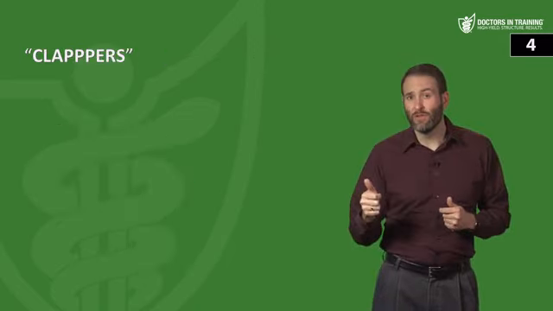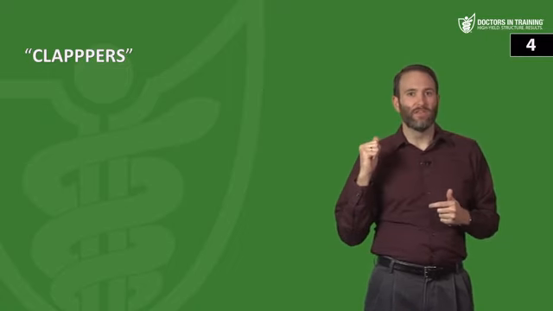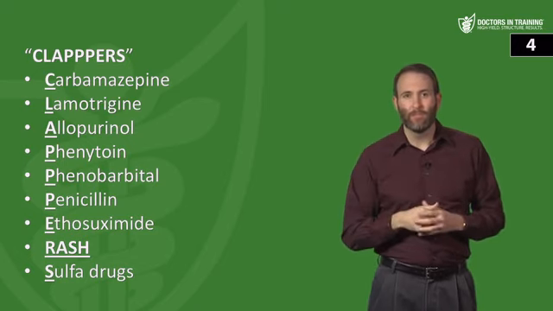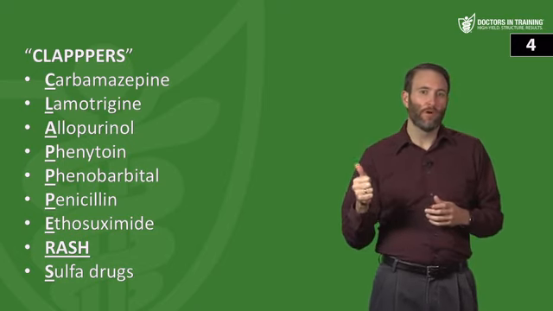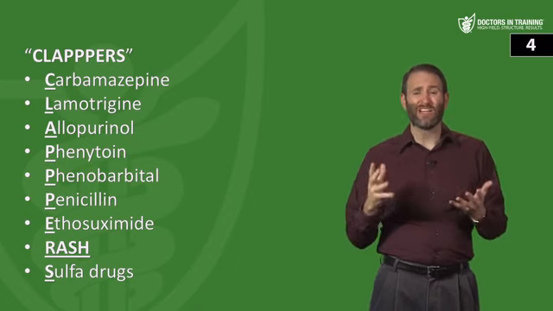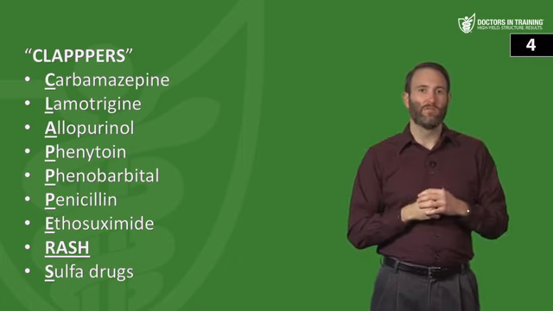There's another mnemonic that you can use to kind of help you with this one, CLAPPERS, and that's with 3 Ps. So the C is carbamazepine, L lamotrigine, A is for allopurinol, P for phenytoin, P for phenobarbital, P for penicillin, and then E for ethosuximide. The R actually doesn't have a drug. It's just to remind you of rash. And then S is for sulfa drugs.